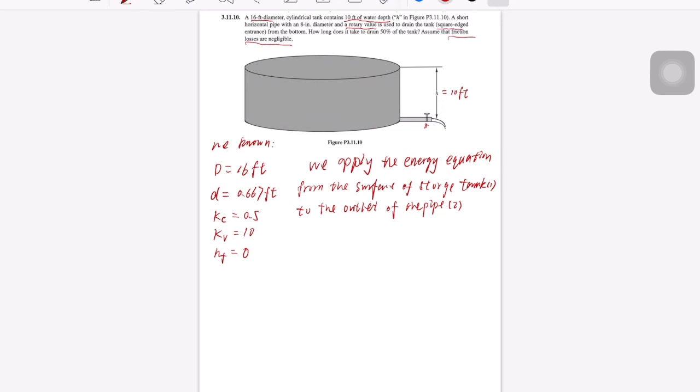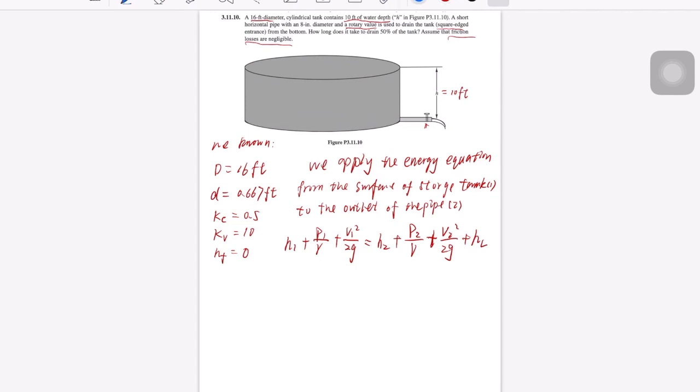So we will get H1 plus P1 divided by gamma plus V1 square over 2g equals H2 plus P2 over gamma plus V2 square over 2g plus head loss.